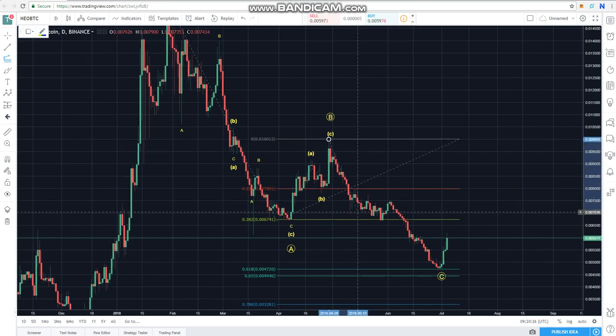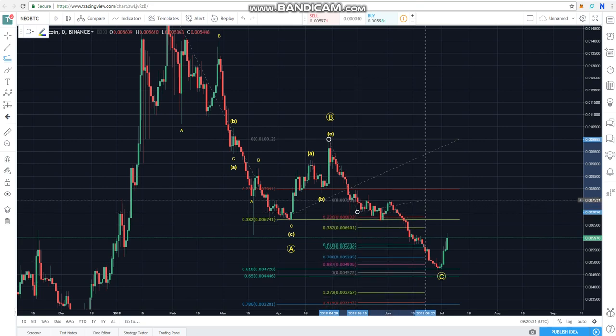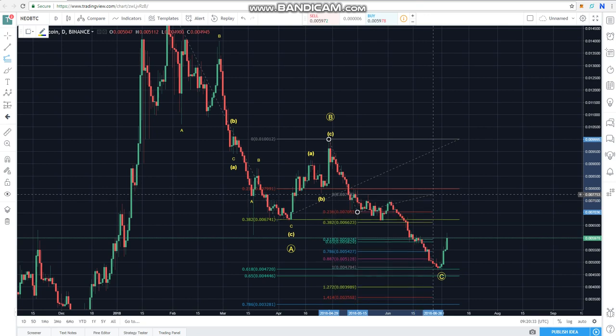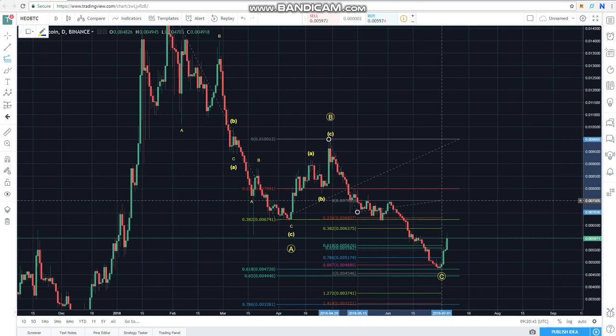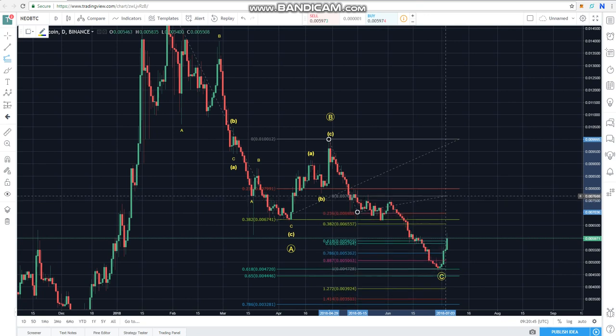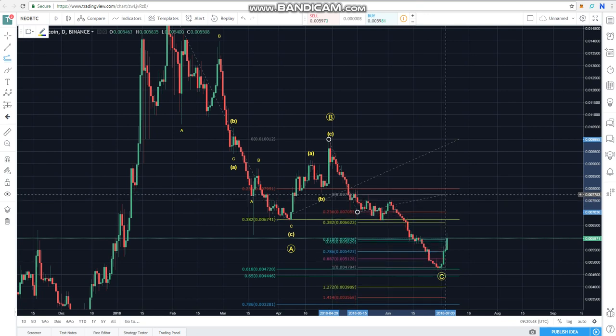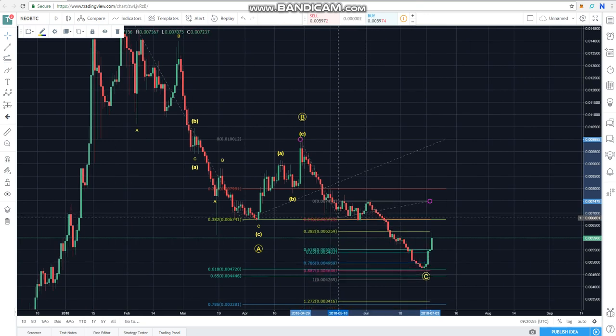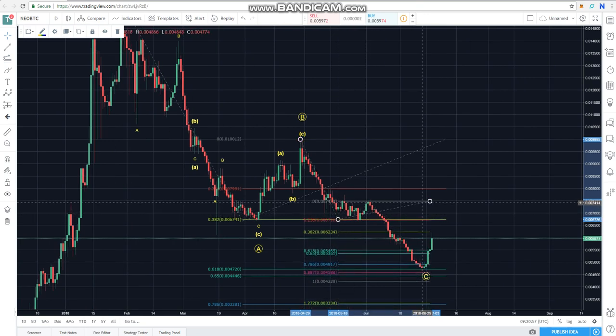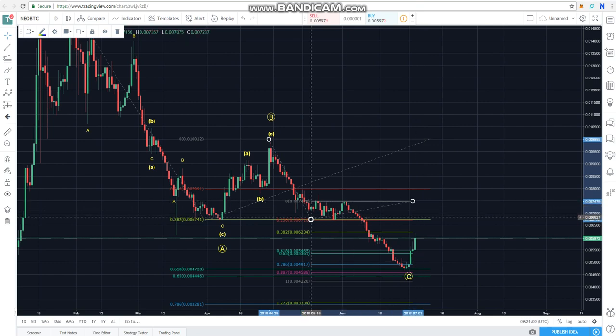And the way I would do this is that this would be likely the wave A, and somewhere over here would be the wave C. So it's likely either this one, or it would be this one, or it could even be this one. No, it's unlikely to be this one.